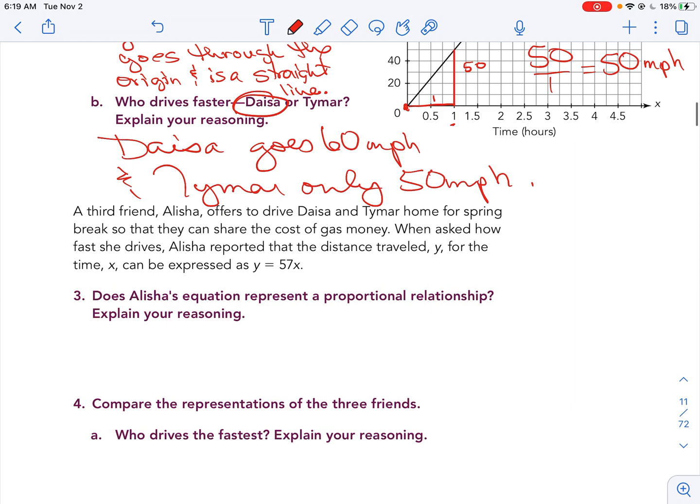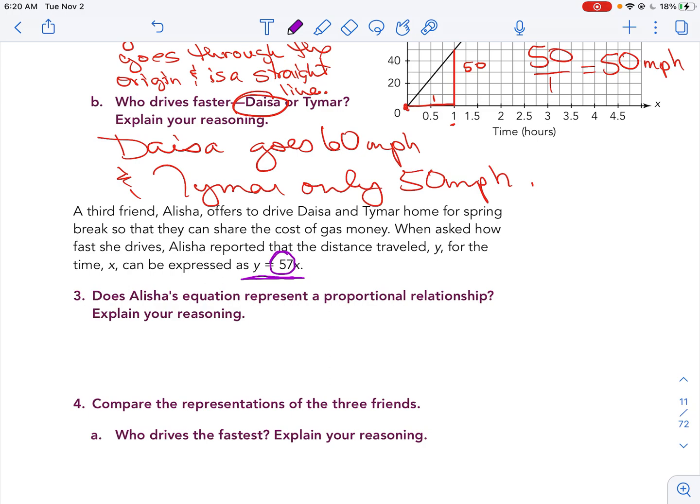Now their third friend, Alicia, offers to drive Daisy and Timar home from spring break so that they can share the cost of gas money. When asked how fast she drives, Alicia puts it into this. Remember, this is the constant of proportionality.